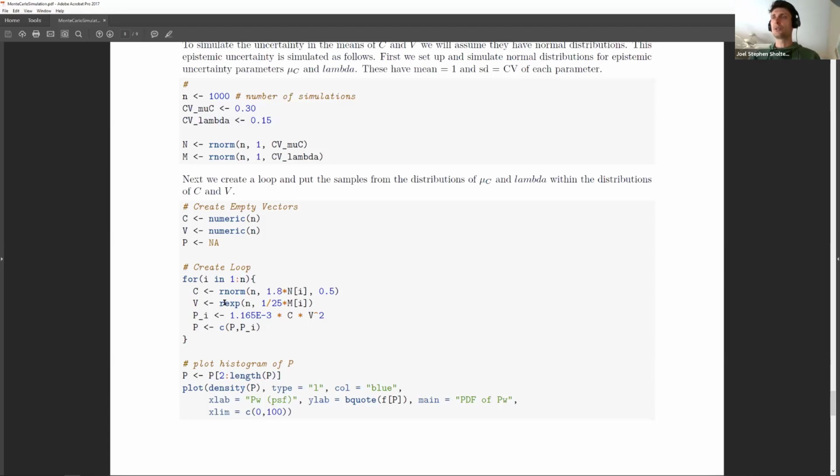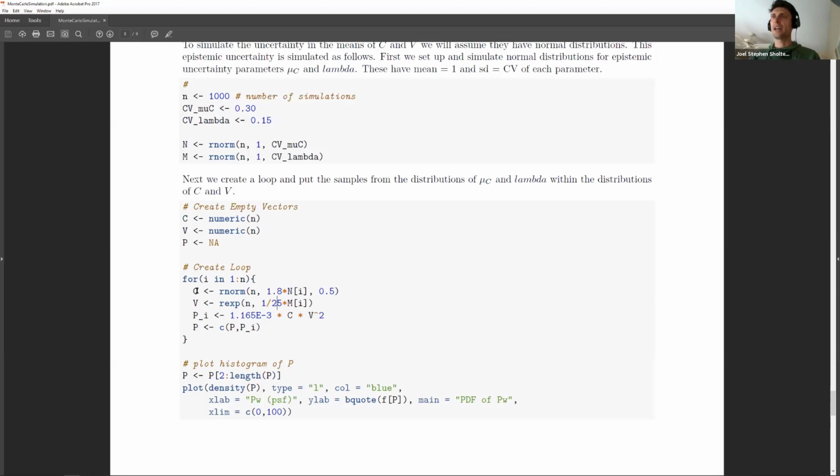When i equals 1, that first iteration of the loop, I'm going to get 1,000 samples of C with the first value of our distribution of mu C. So I do 1.8, which is the mean of our drag coefficient, times this distribution, which has a mean of 1, and then I give it a standard deviation as originally described.